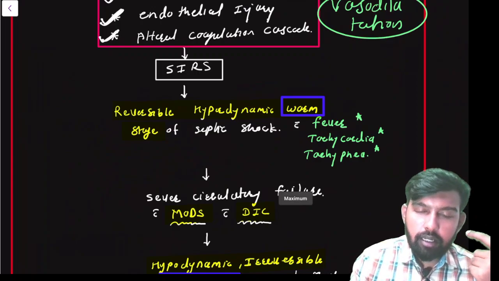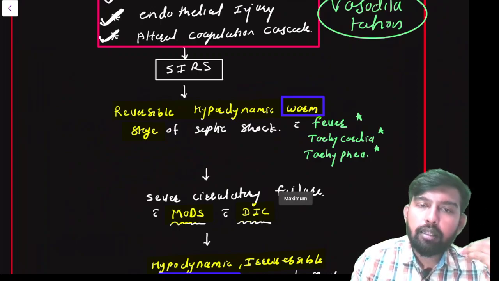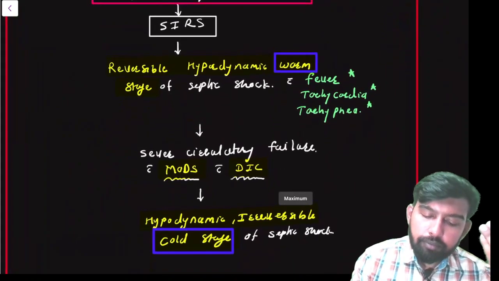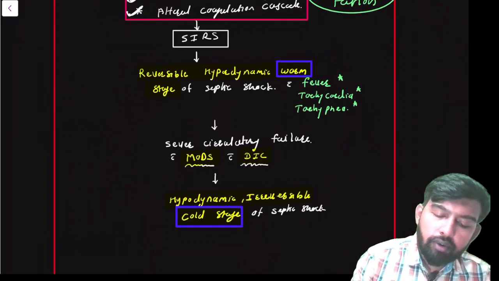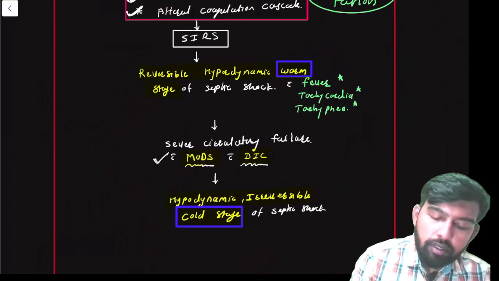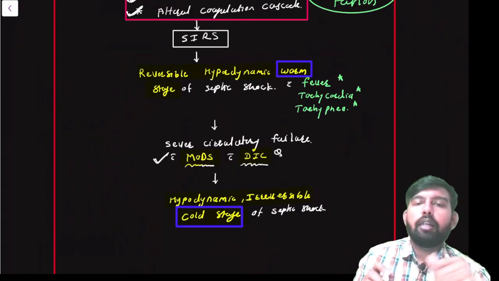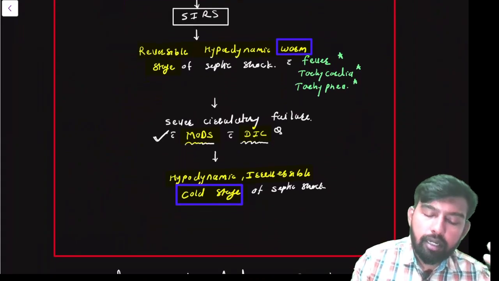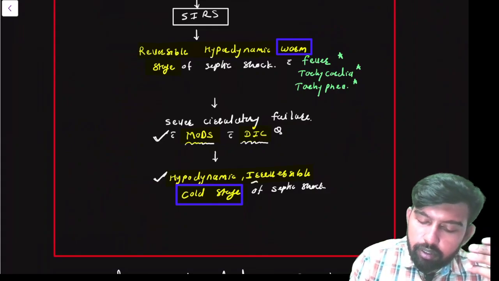If we have not treated the septic shock at this level, this may convert into the severe type of septic shock and will cause severe circulatory failure with multi-organ dysfunction syndrome and DIC, that is disseminated intravascular coagulopathy, and ultimately will result in a hypodynamic, irreversible state.